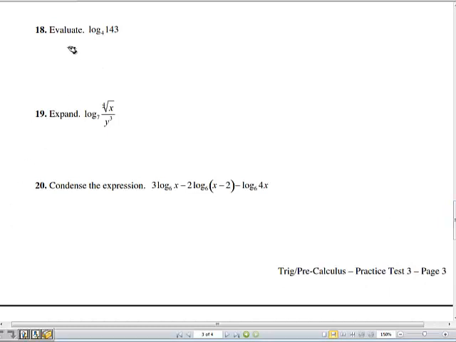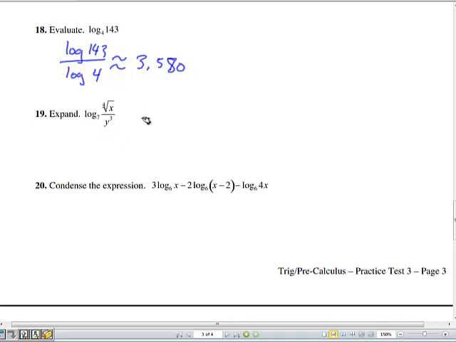Log base 4, so I'm going to do a change of base. On my calculator, log of 143 over the log of 4 gives me approximately 3.5799, so it'll be 3.58.